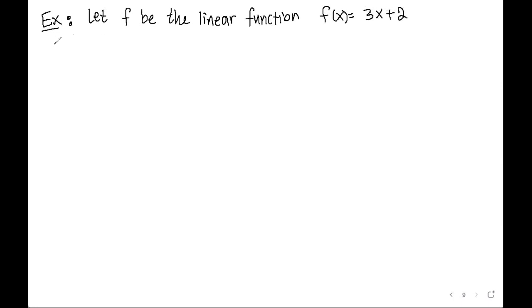First question here, make a table of values and sketch a graph.